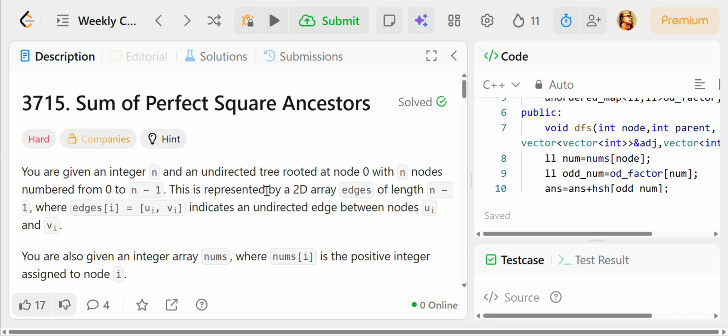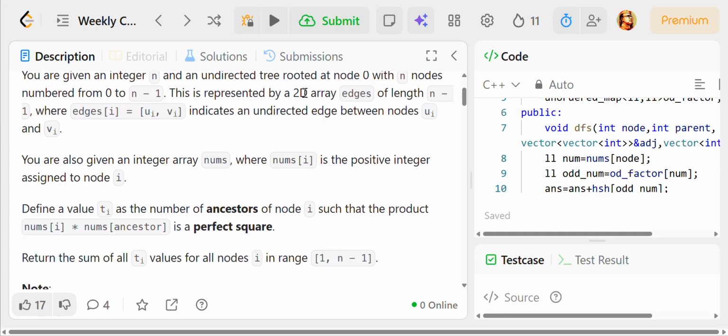This is represented by a 2D array edges of length n minus 1, where edges of i is [ui, vi]. That means we are given edges, each undirected, from ui to vi.